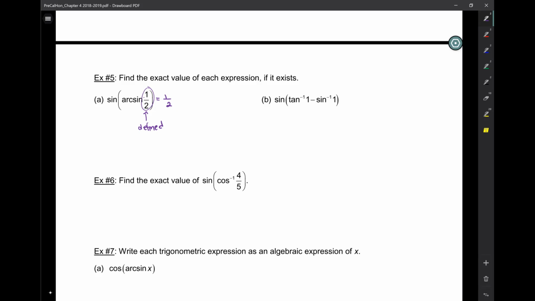Here, we could simplify these. What's inverse tangent of 1? For what angle is tangent 1? Pi over 4, minus what's inverse sine of 1? Where is sine 1? Sine is the y-axis, so it's 1 at pi over 2. So here I have sine of negative pi over 4.